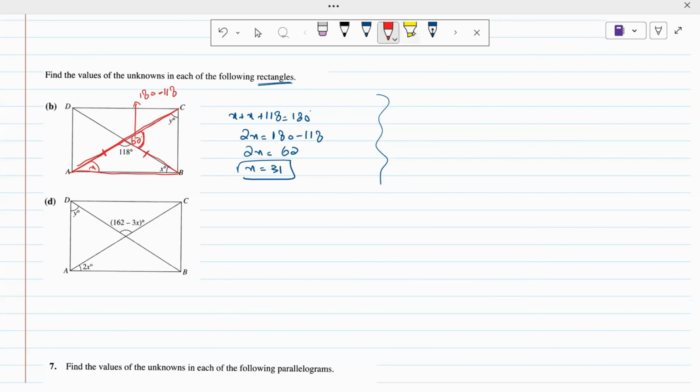This triangle is again an isosceles, because when the diagonals intersect, they make up isosceles triangles. So these two sides are equal, and this angle will also be a Y for us.